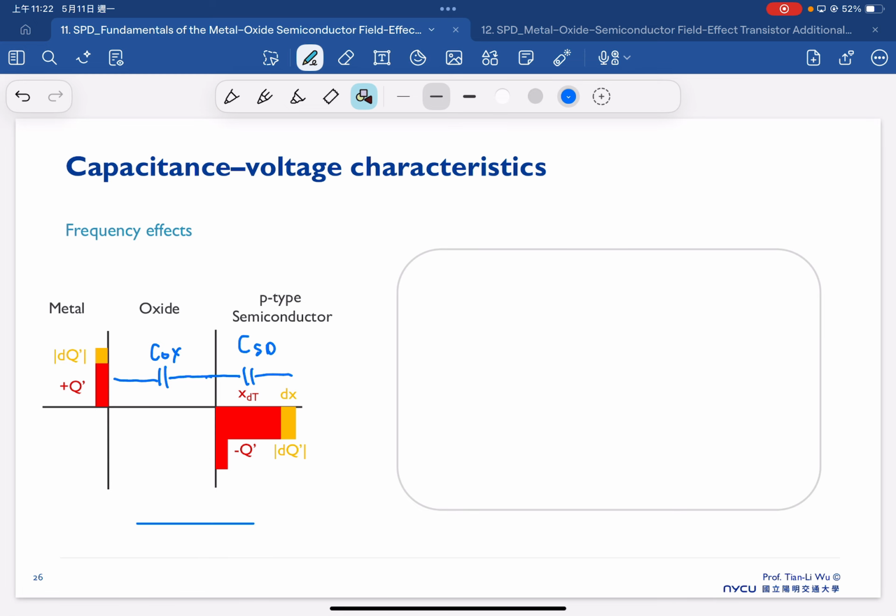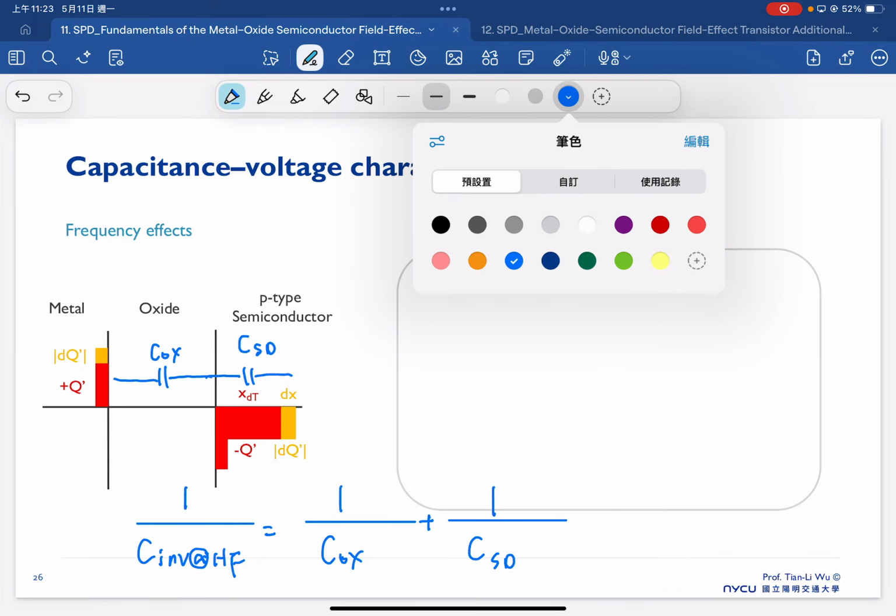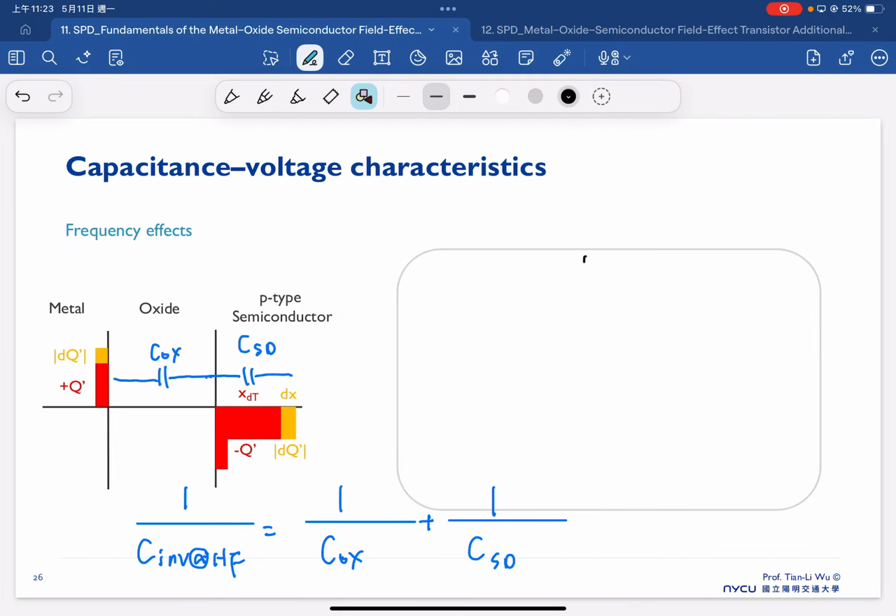Therefore, the inversion capacitance at high frequency is equal to 1 over C_ox, but now we also have to take into account the depletion width.